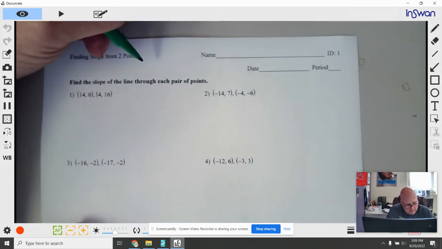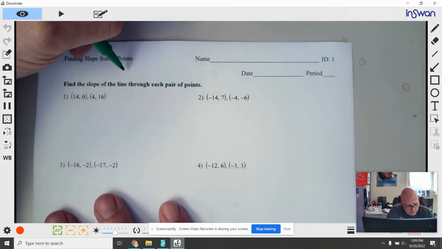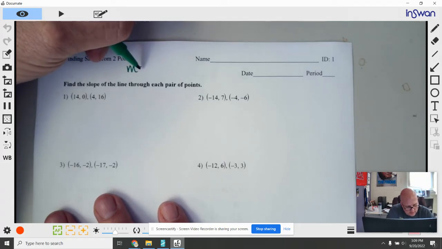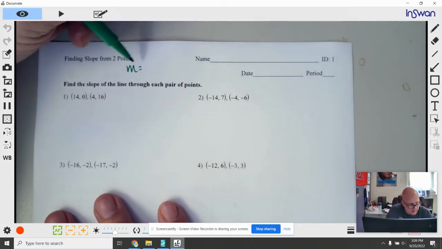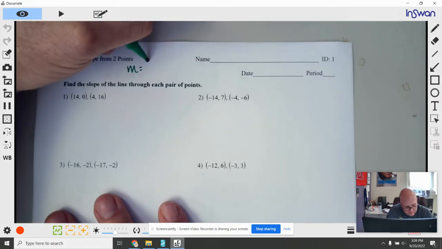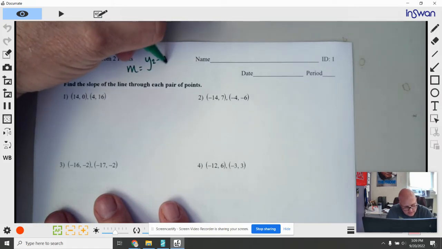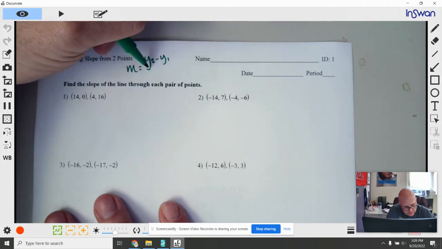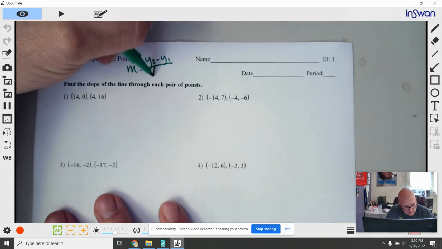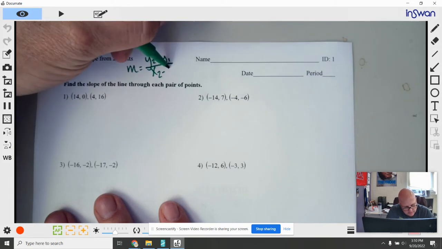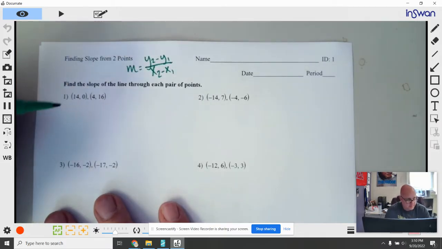Okay, and to do that, there's a really easy formula, and that starts off with m equals, obviously m standing for slope, and it's y sub 2 minus y sub 1 over x sub 2 minus x sub 1.